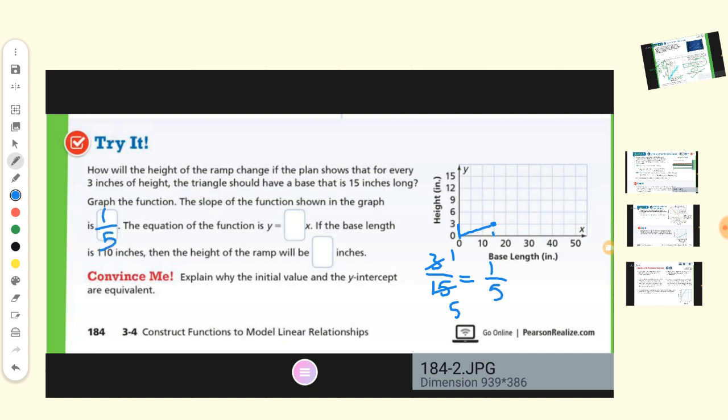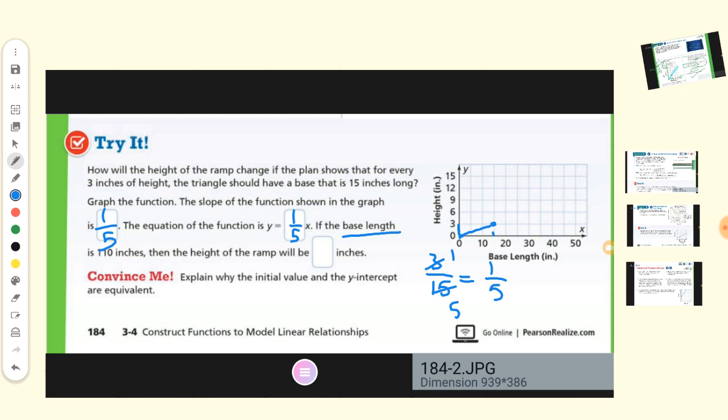So the equation is y equals 1 over 5x. Where is b? There is no b because the y-intercept is 0. So the equation should be in this form. What if you give me 110 inches as the base length, which is x? He means x here.